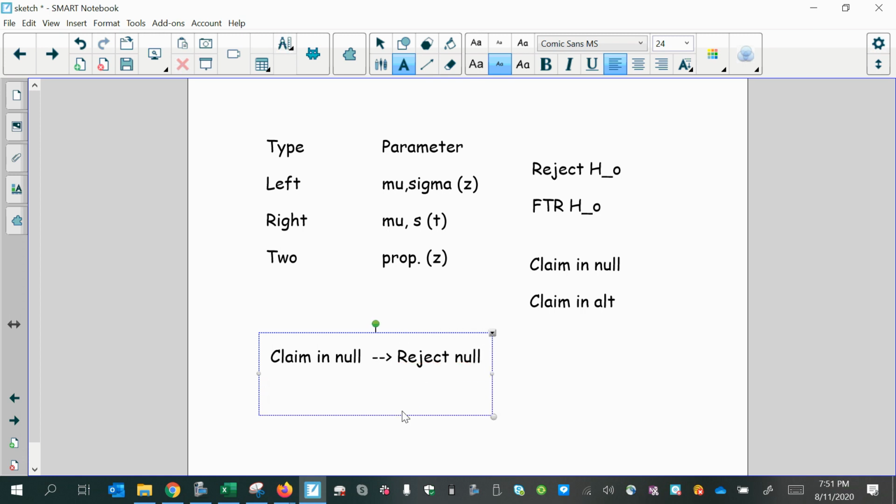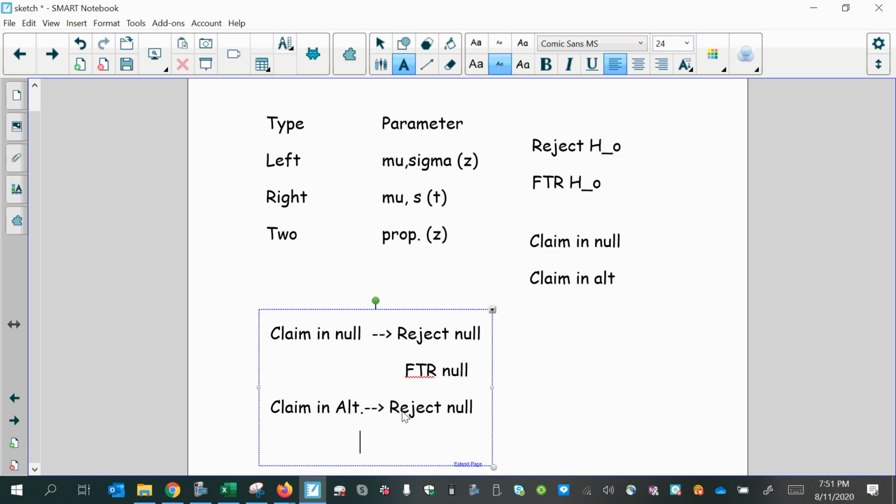And if the claim falls in the alternative, then we will still have the possibility of rejecting the null or failing to reject the null. So 4 different things. If your claim is in the null and you reject the null, then you are rejecting the claim.